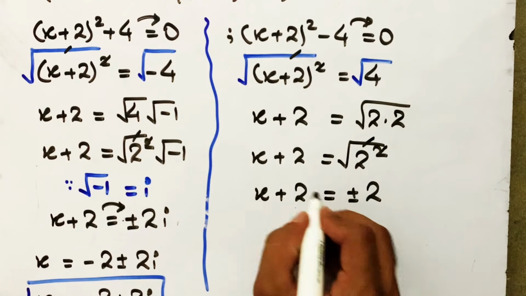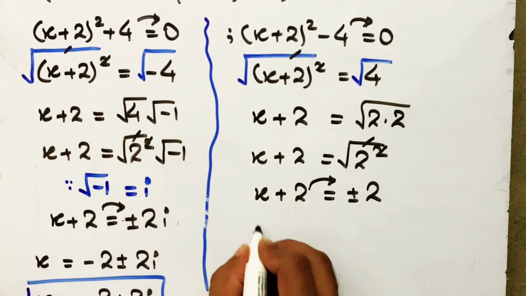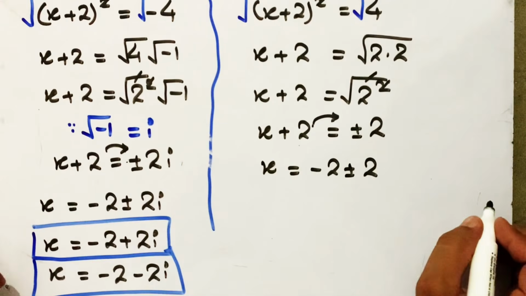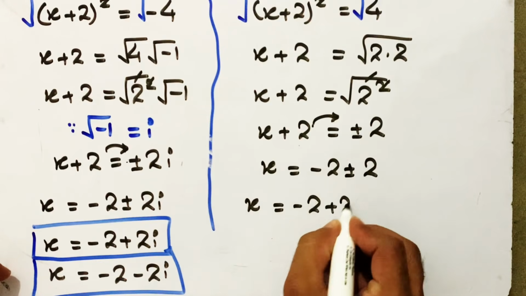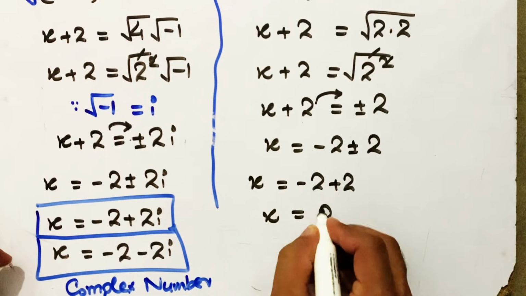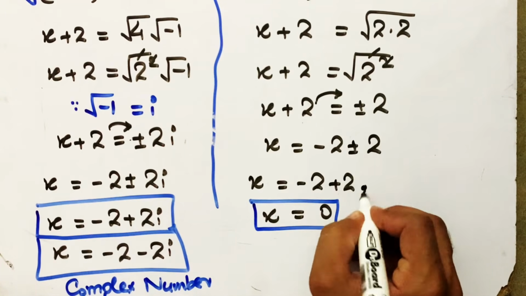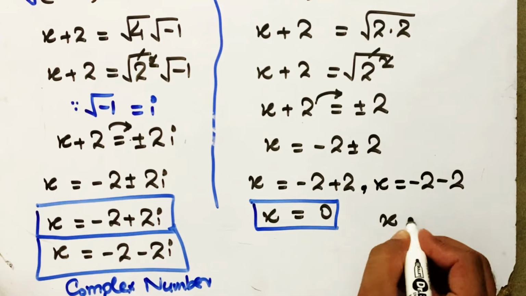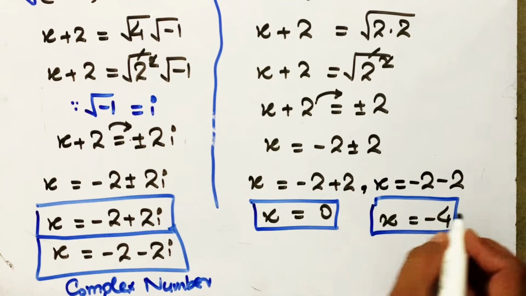It means x = -2 + 2, which is x = 0, or x = -2 - 2, where x = -4. That is the answer.